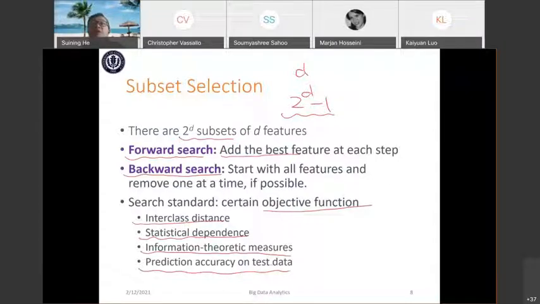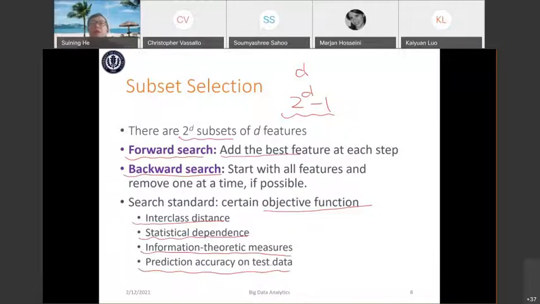So if d is very large, say if we are looking at gene data or biomedical data, those dimensions can be very high, and those subsets will be very exhaustive to search. So that's why people have considered whether we can use some algorithms to automatically select the subset of the features, or try to identify those features that we can use for machine learning or big data analysis.